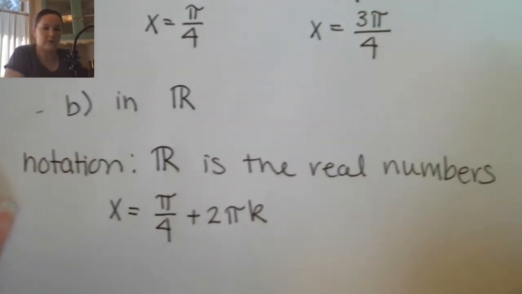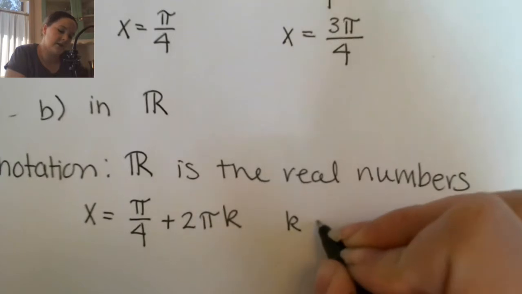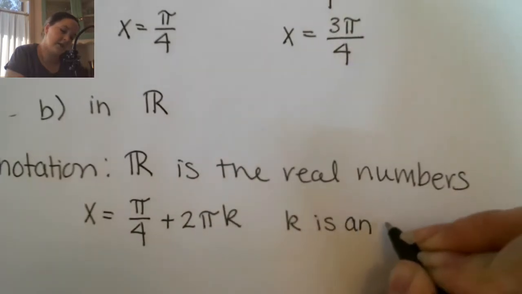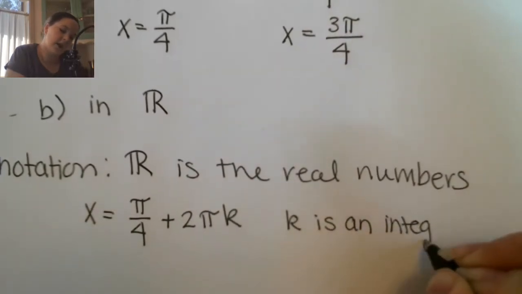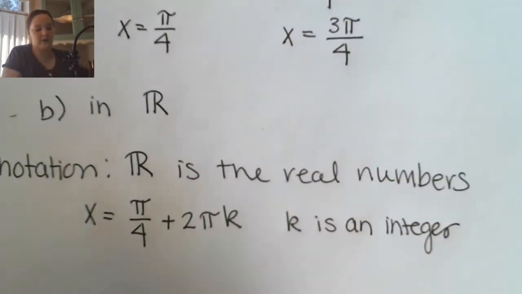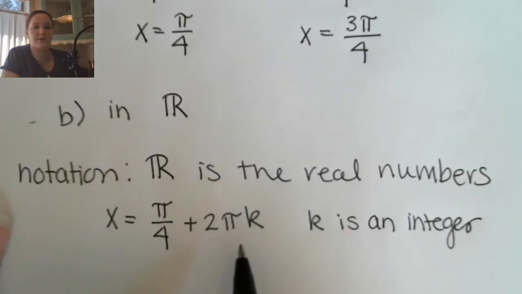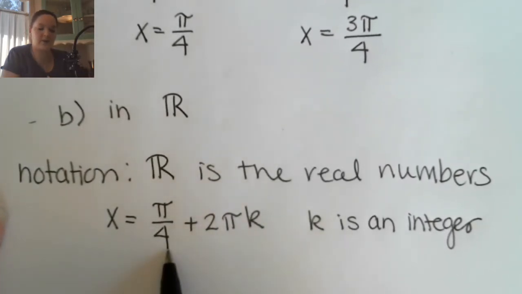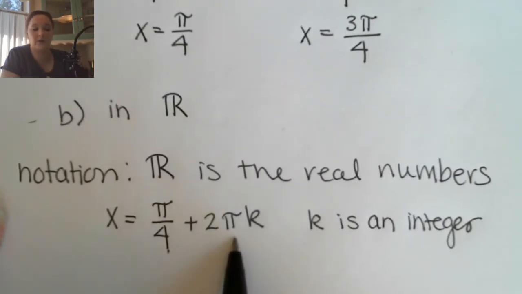We're going to say the solution that we got from the first rotation plus some multiple of 2 pi, any coterminal angles. That's really the idea here: we're giving the solution that we got for part A, and then we're allowing for coterminal angles.